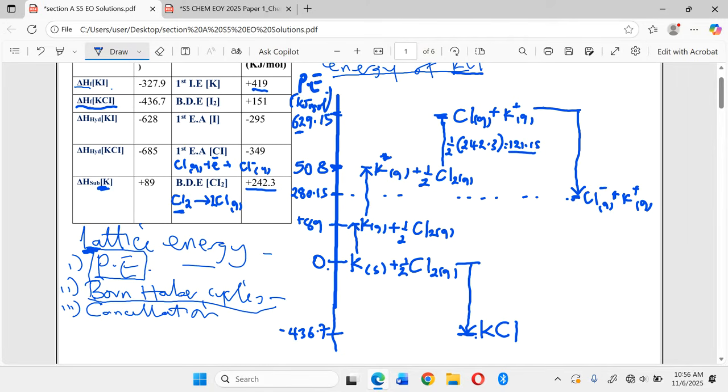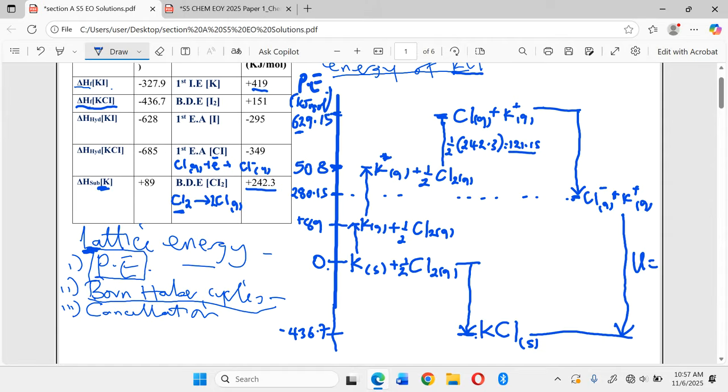So when we reach this stage, we have chloride ion, we have potassium ion. What are we remaining with? When we get this, we add them and we get this product of ours. That is the lattice energy that we are looking for. That is here at this stage. So when you bring this up to here, that is our lattice energy. And that is what they want us to look for, the lattice energy.